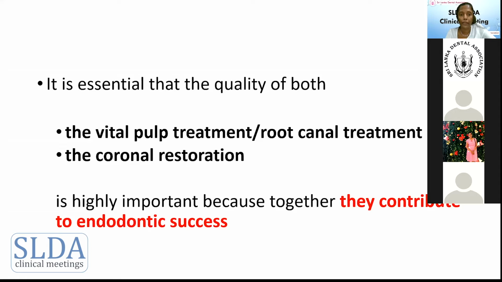If you have done a vital pulp treatment, how you do the treatment matters for the final success of the tooth, and the coronal restoration as well. So both of these two parameters are important to maintain the tooth in a non-pathological condition in the dental arch with a good endodontic success.